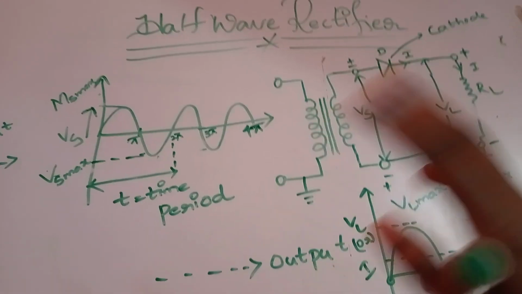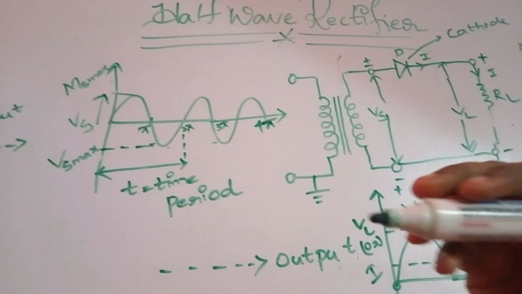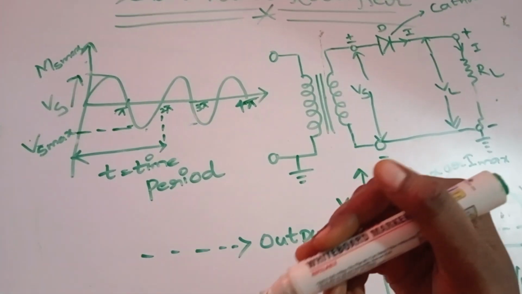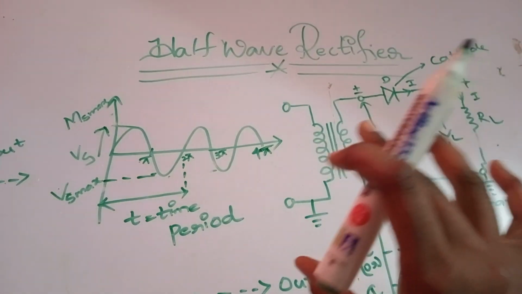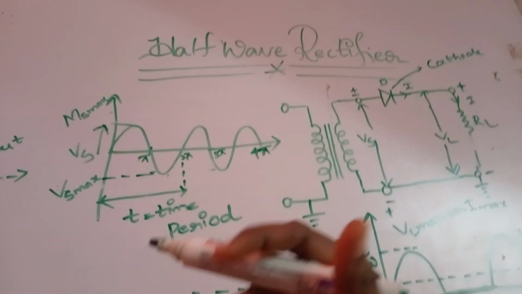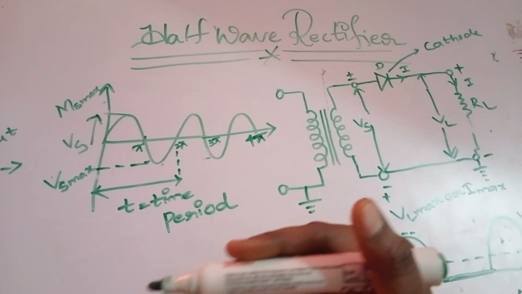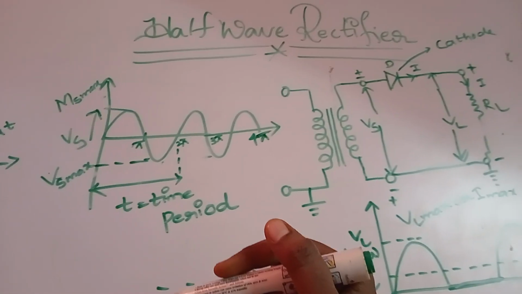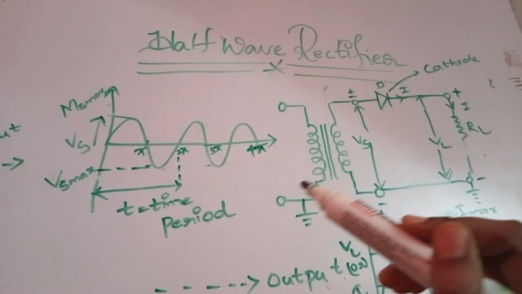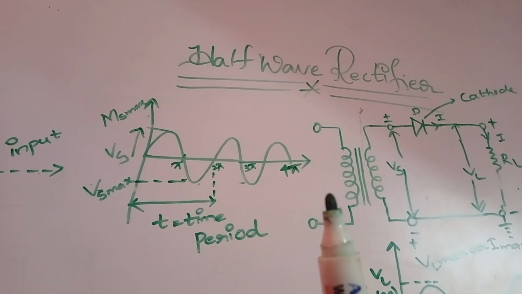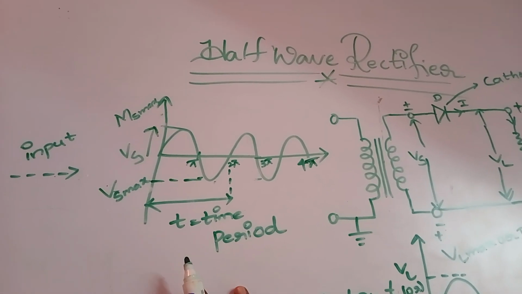But the natural signal is a sinusoidal signal, and that is the AC, which is very important to the concept of rectifiers. That is the AC current which we get at homes, as we discussed in the previous video also. If you don't know, you can go through this cycle.